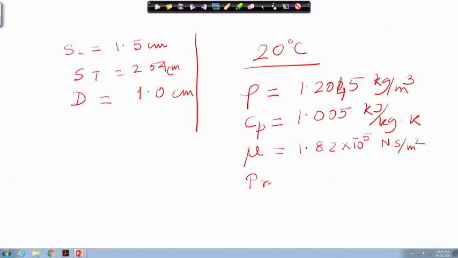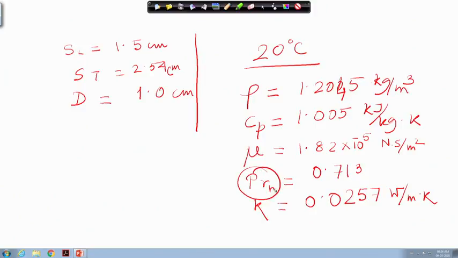Then we have the Prandtl number equal to 0.713, and the thermal conductivity is equal to 0.0257 watt per meter Kelvin. Also this is Prandtl number Pr_b, evaluated at the bulk mean temperature, and Pr_w, that is the wall temperature, 180 degree centigrade, comes out to be 0.685.